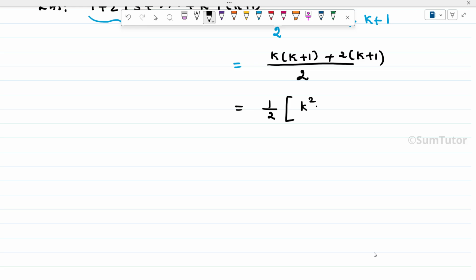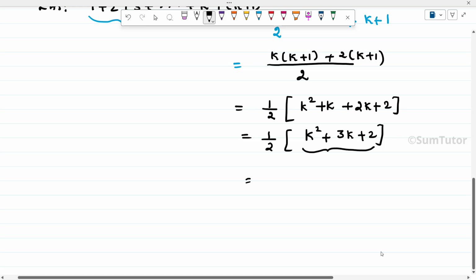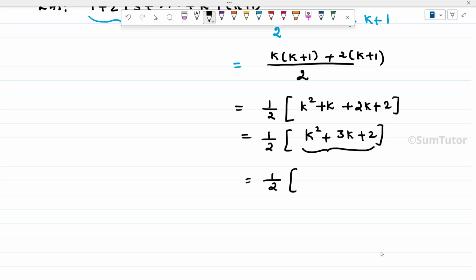So it is 1/2 × (k² + 3k + 2). Now we factorize k² + 3k + 2: the sum is 3 and the product is 2. Therefore the factorization is 1/2 × (k+1)(k+2).